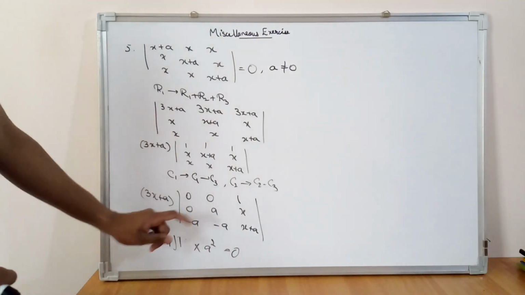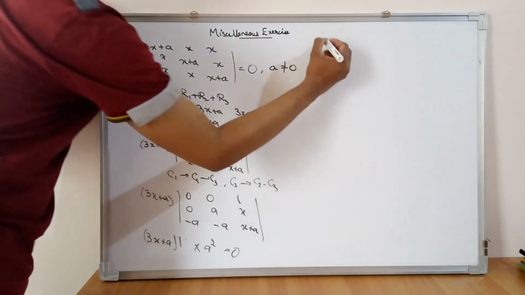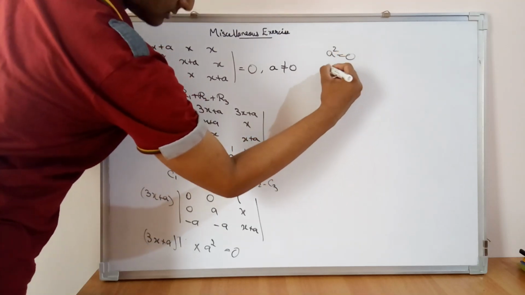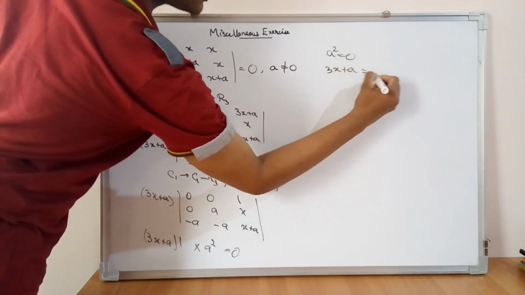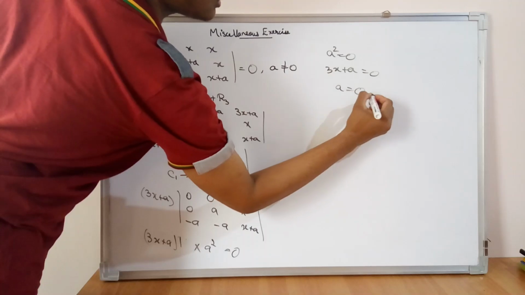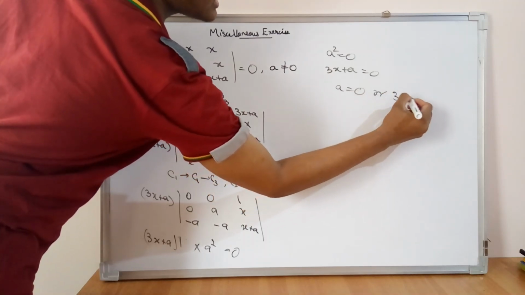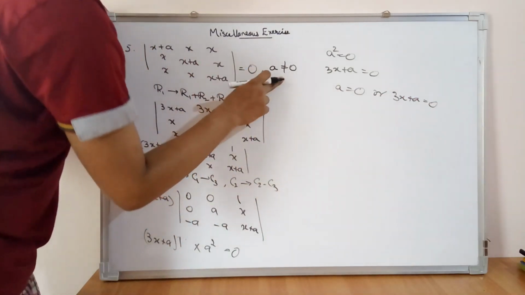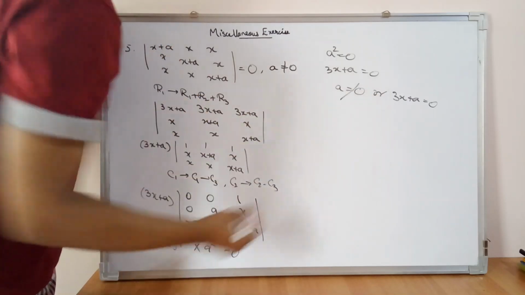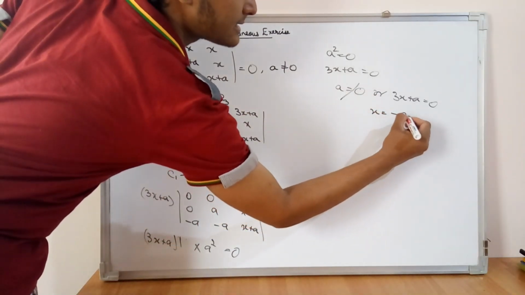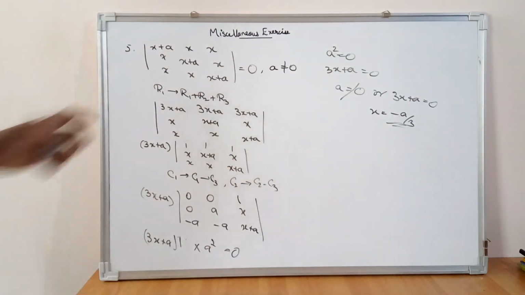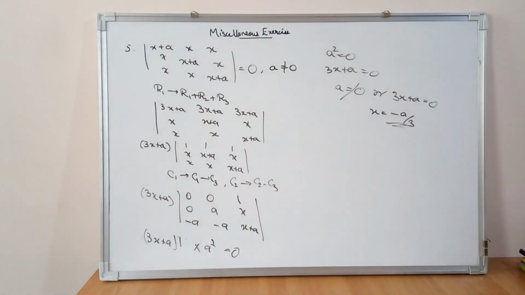A square is the value of the determinant. So either A square is equal to 0 or 3x plus A is equal to 0. That means A is equal to 0 or 3x plus A is equal to 0. It is given that A is not equal to 0, so this condition is cancelled. So you get x is equal to minus A by 3 as the answer. That's all about this question. Moving on to the sixth one.